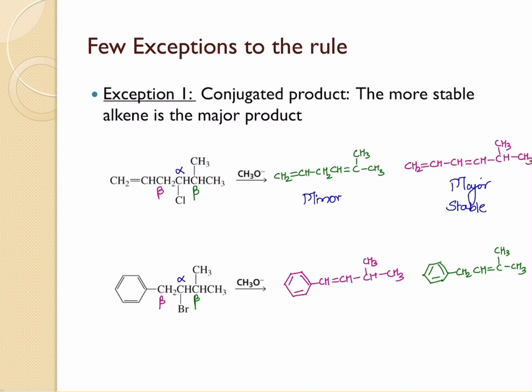Obviously, you can see that this product is the major product because these two double bonds are conjugated, right? Whereas here, there is no relationship between this double bond and this double bond, right? So this is our major product, and this should be our minor product. And since the conjugated product is more stable, you obtain that as the major product.